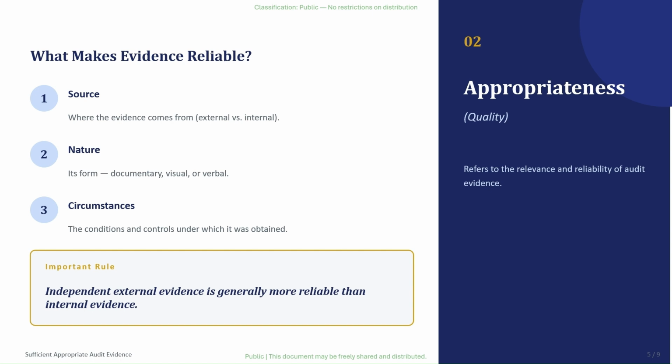Reliability itself depends on three things: the source of the evidence, external versus internal; the nature of the evidence, is it a document, something the auditor observed directly, or just a verbal statement; and the circumstances under which it is obtained, such as whether it was created under strong internal controls. The key rule here is that evidence from independent external sources is generally more reliable than evidence generated internally by the client. Let's look at a real example next.